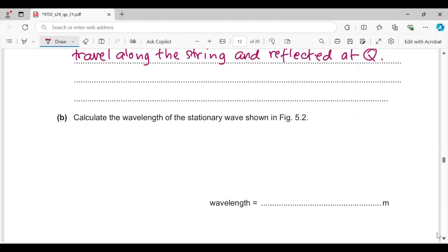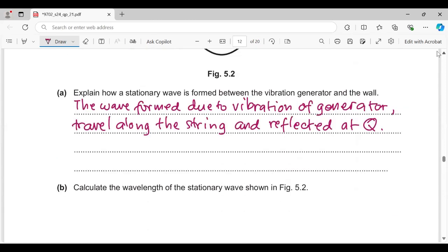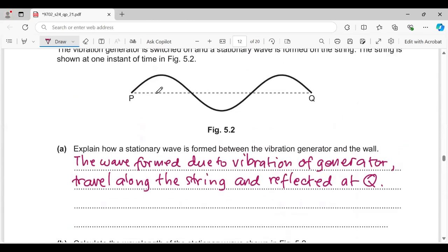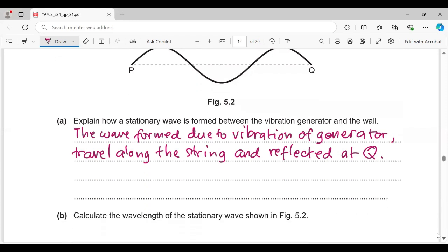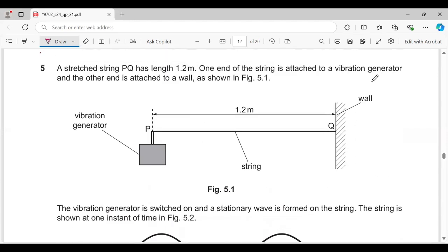Calculate the wavelength of the stationary wave shown in figure 5.2. This is 1.5 waves.